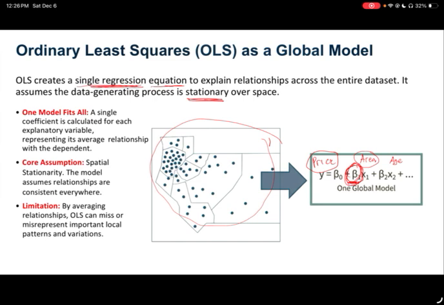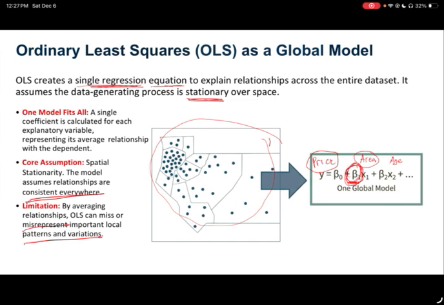The core assumption of OLS is that the data have spatial stationarity, and as I mentioned before, the model assumes the relationships are consistent everywhere. The limitation of this global model, OLS, is that it can miss or misinterpret important local patterns and variations.